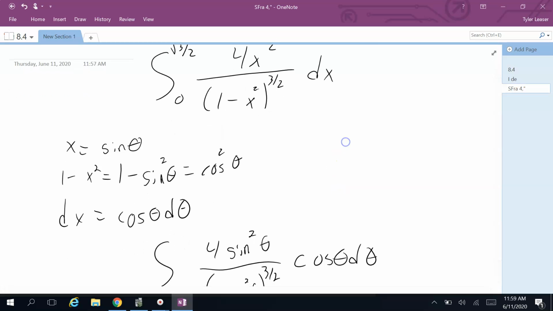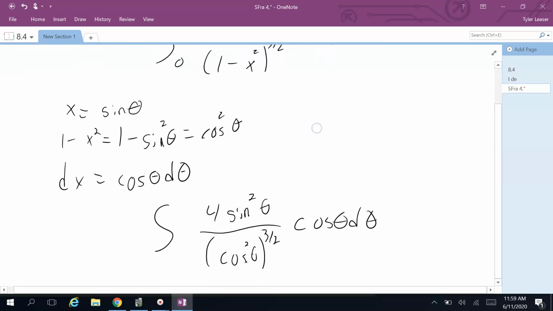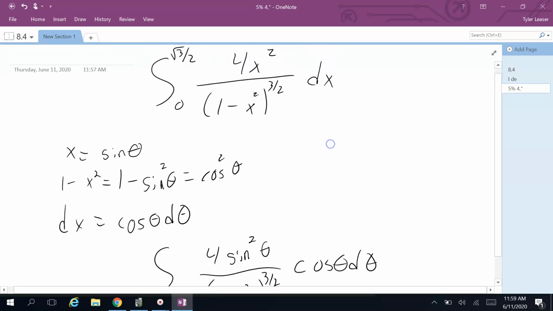Usually with the substitutions, I like to go through to the end without plugging in the numbers until the very end, but we have changed variables, right? This 0 to root 3 over 2 was in terms of x. I'm going to figure out what the limits are in terms of theta, so they're going to change. I'm using this equation here. So if my x is 0, sine of 0 goes to 0, so that's going to stay 0.